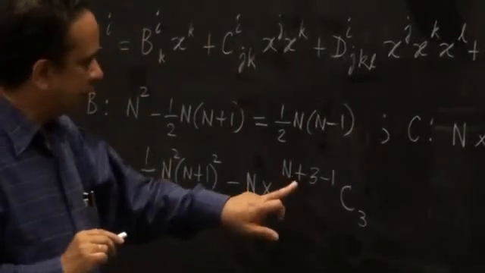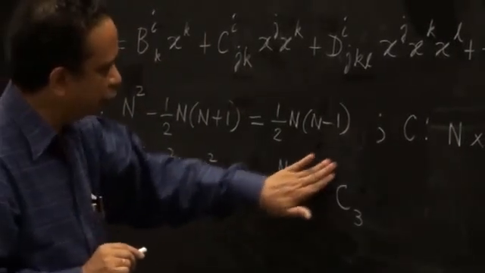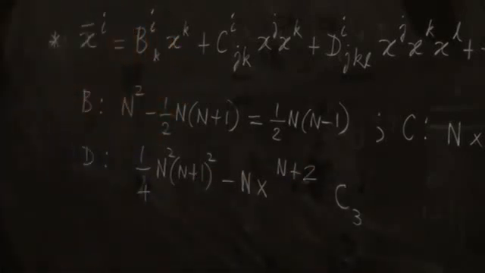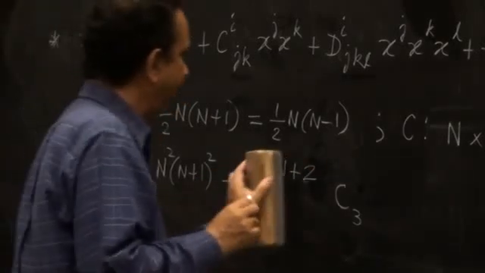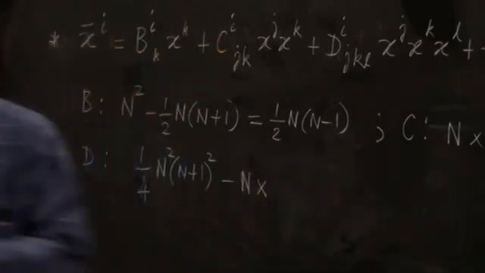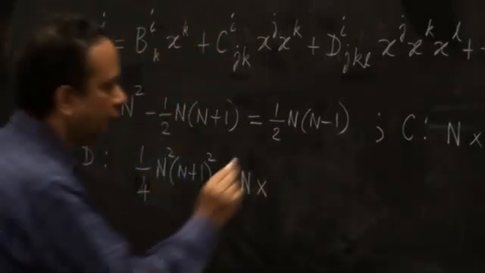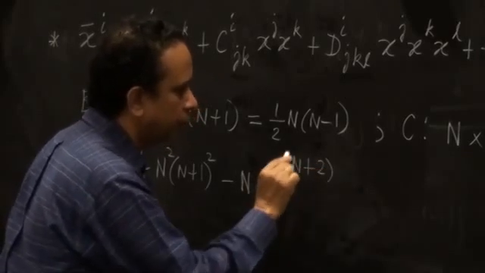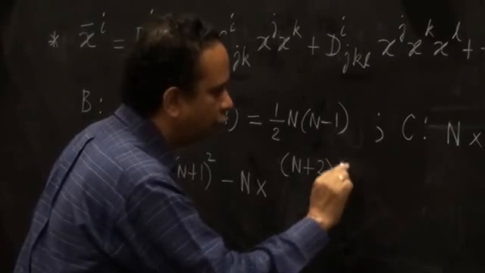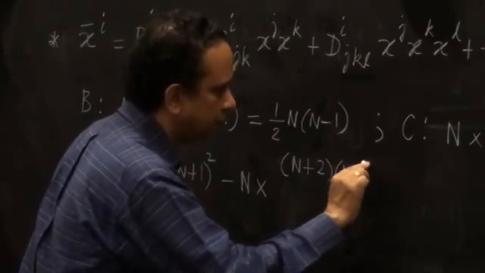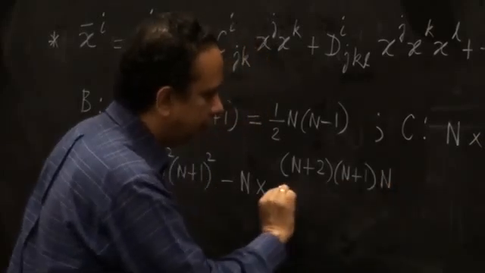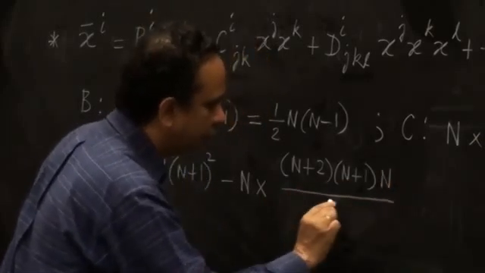What we need is to write it down for this particular case. So this is n plus 2 choose 3, that is n plus 2, n plus 1, n divided by 3 factorial, which is 6.